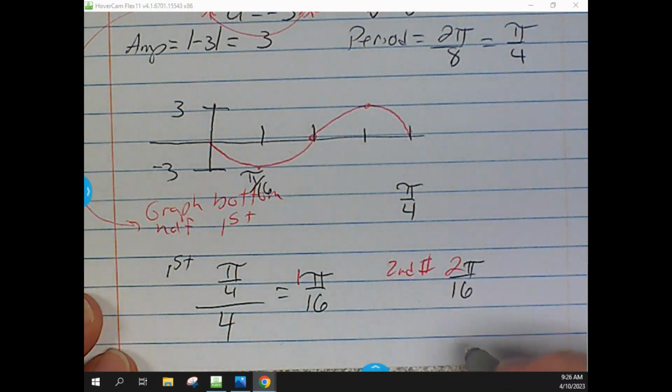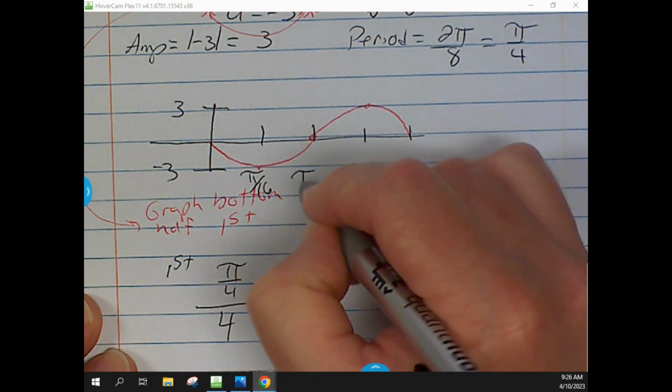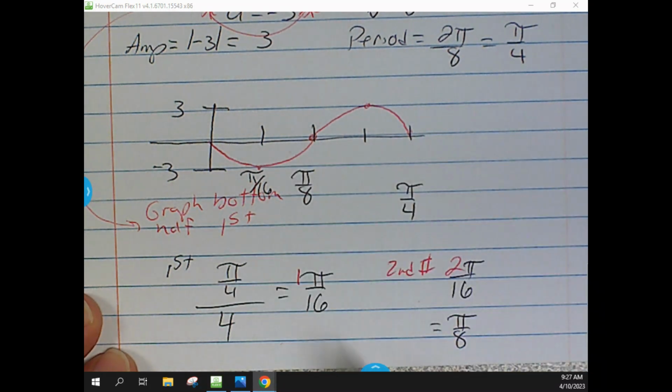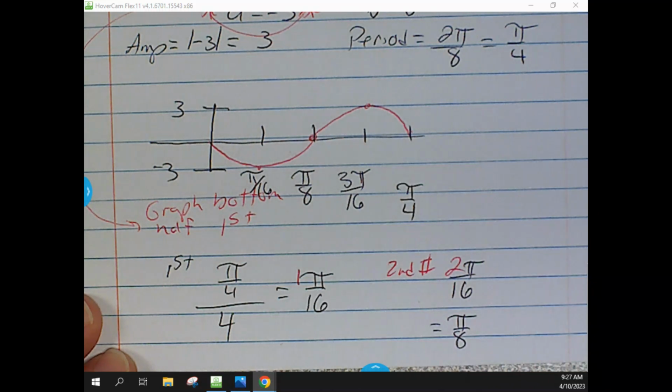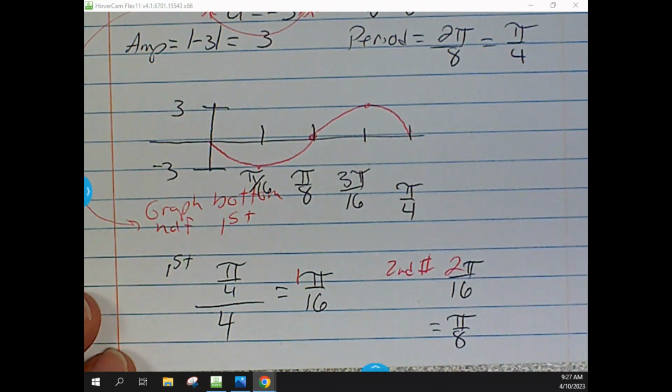But if you've got 2 pi over 16, you can make that pi over 8. And then finally, your last number would be the pi over 4 you had there. Okay, but again, it should always pretty much go 1, 2, 3. It's just a matter of how you simplify the numbers on those.